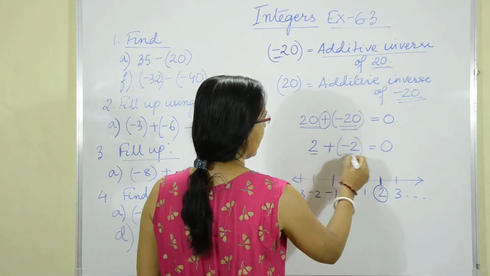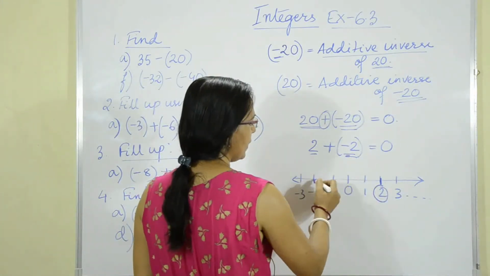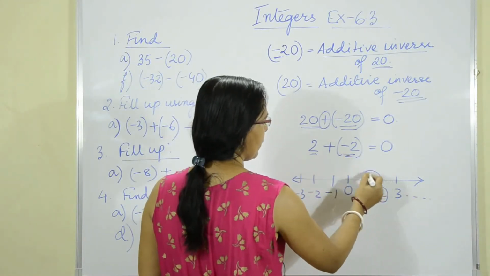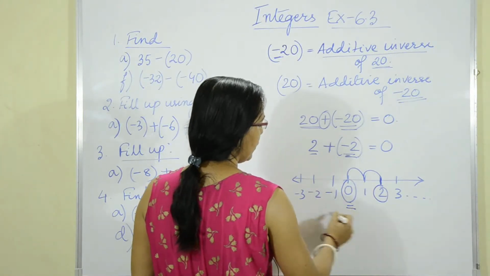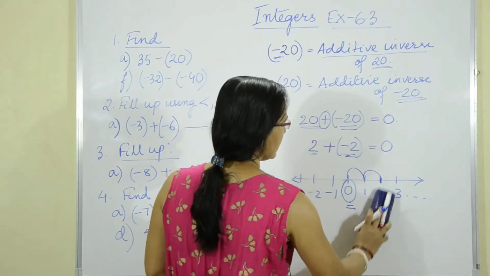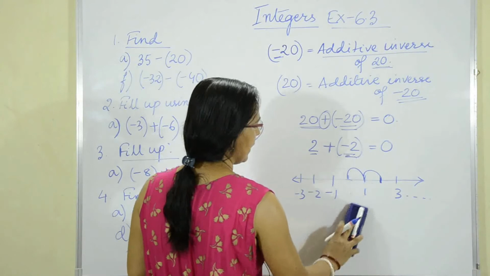Now from 2 to minus 2, if I take 2 in the first case, I am adding minus 2. Minus 2 is towards the left hand side. I will have to go towards the left to reach minus 2. How many times? Minus 2 times. 1 time, minus 2 times. What did I get? 0, right. Or else say I start from 2, I come to minus 2. Now minus 2 is in the left hand side.